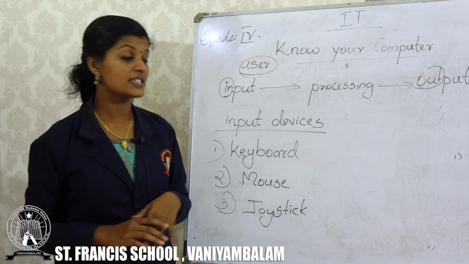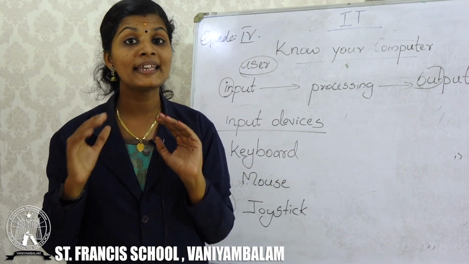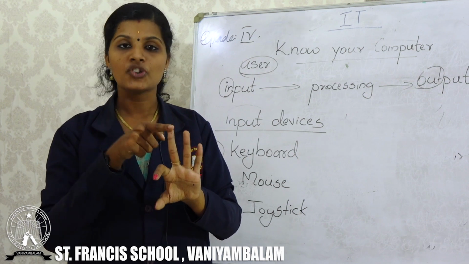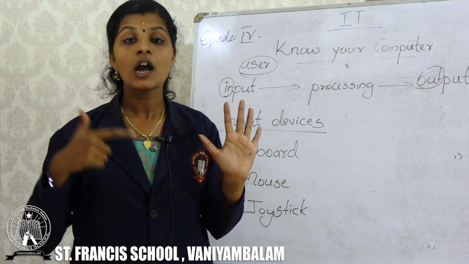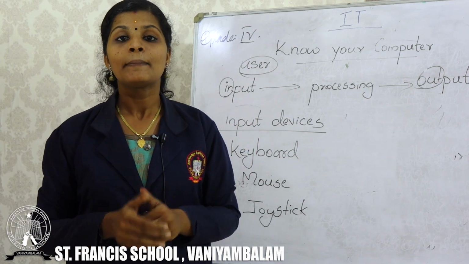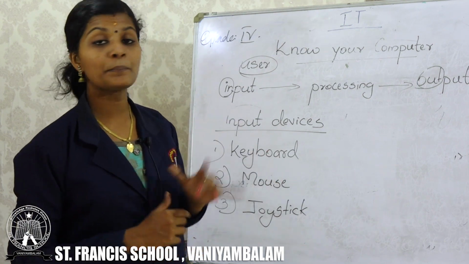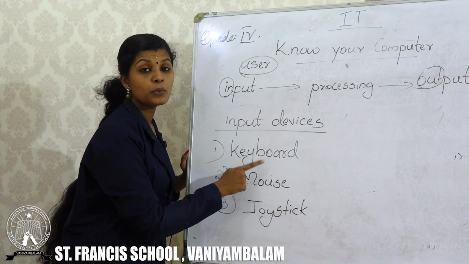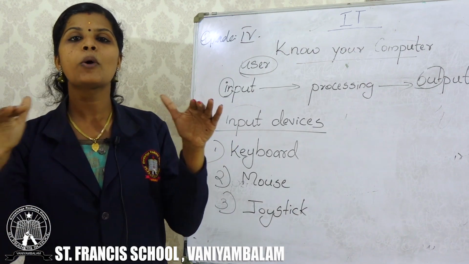After that we discussed input devices. I told you there are so many input devices: keyboard, mouse, joystick, light pen, trackball, scanner, web camera, digital camera, so many. Now we have started with the first most popular input device, that is keyboard. In the keyboard you can see so many buttons.